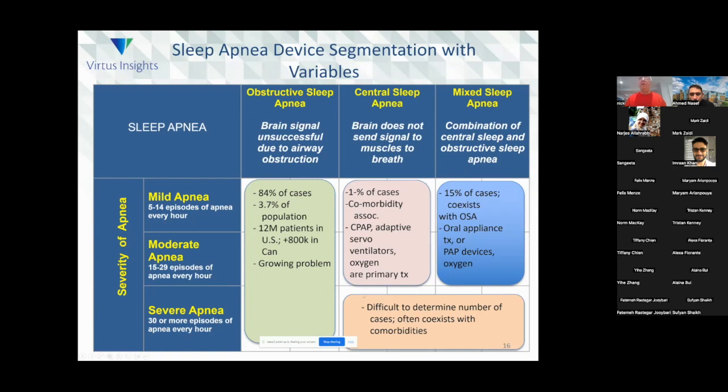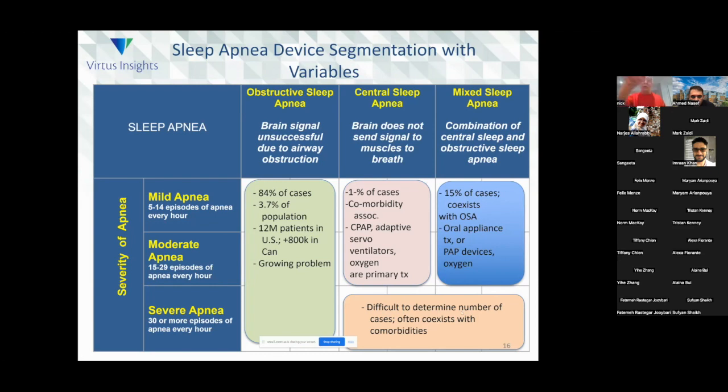And then there's another group here of severe sleep apnea that is very difficult to determine. They are problematic cases. So if you're launching a mandibular splint, where do you play now?